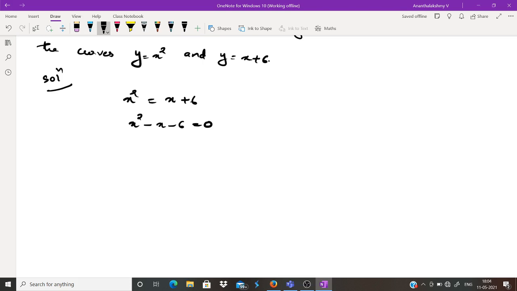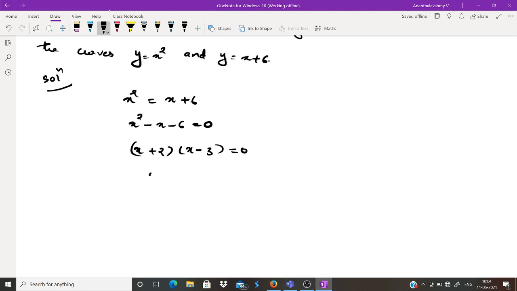This is x plus 2 into x minus 3 equal to 0.